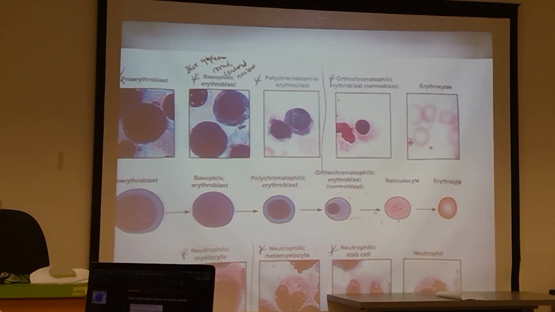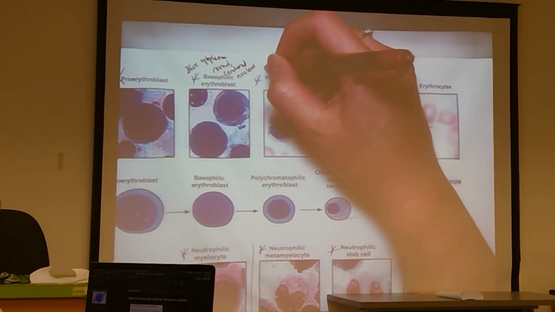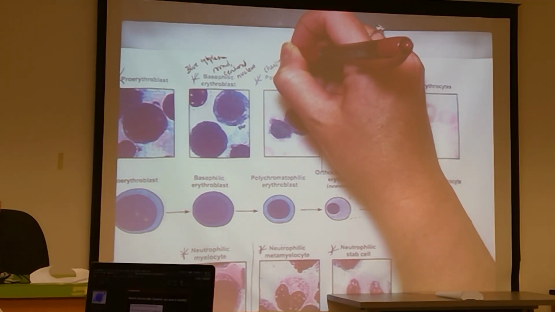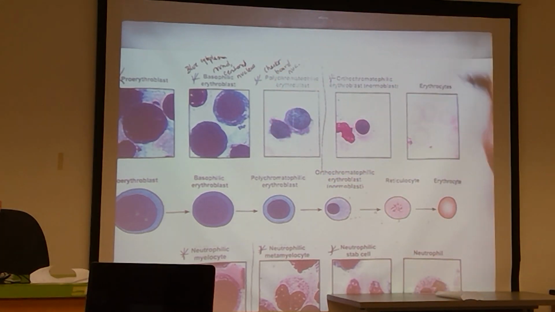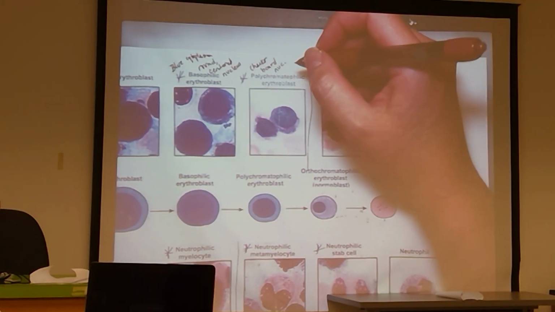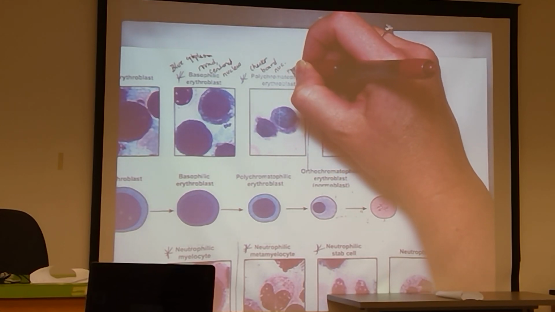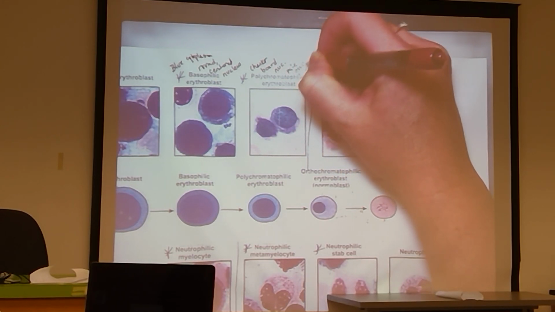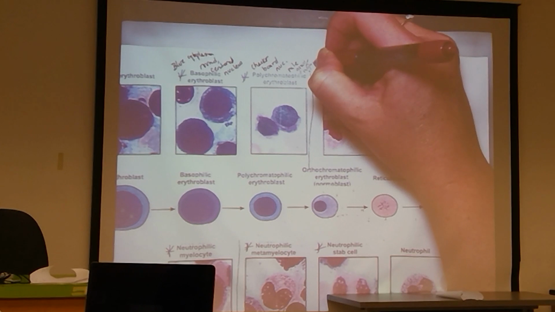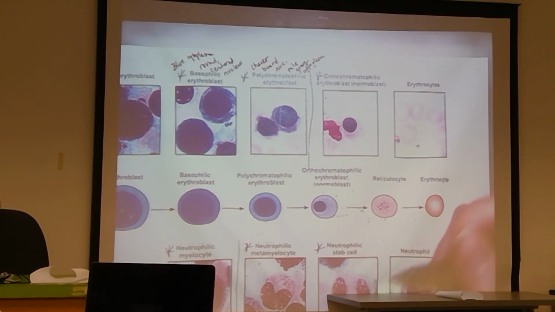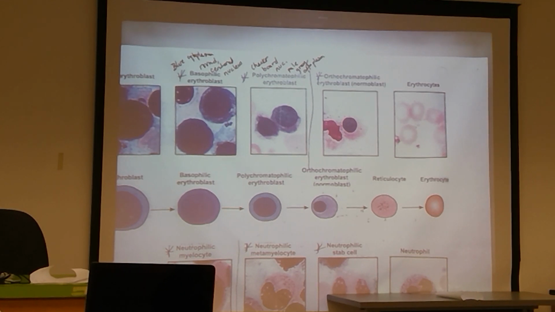Then the polychromatophilic, when you're looking on your slides, this one sort of has a checkerboard nucleus. And the cytoplasm is starting to become more like a pale gray cytoplasm. At this point, we're saying a decrease in the number of ribosomes and an increase in the amount of hemoglobin. So that's why we're seeing this color change.